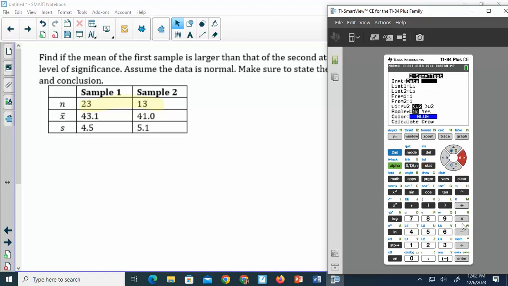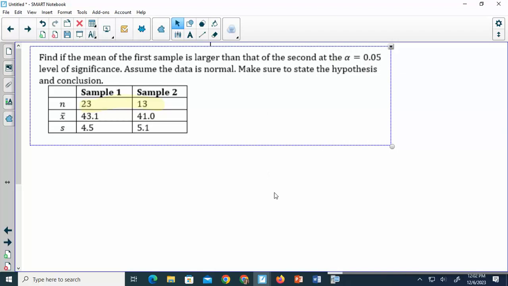All right, we're going to base this off stats. Mean of the first, standard deviation, number, mean of the second, standard deviation, number. Okay, but what do we need to write down here? Null and alternative.